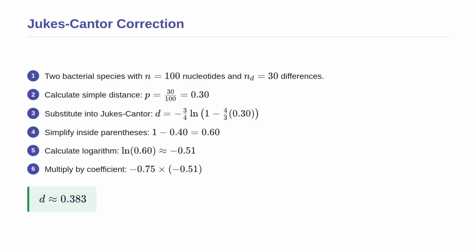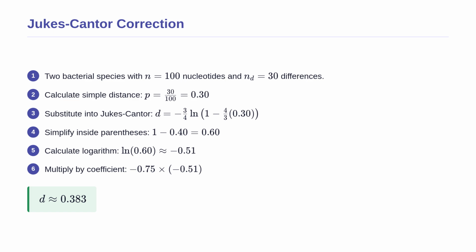Let us apply this correction formula to a real scenario. Imagine we are comparing two highly divergent bacterial species. Out of 100 total nucleotides, exactly 30 are different. First, we find the simple p distance, which is 30 divided by 100, giving 0.30. Next, we substitute this raw value into the Jukes-Cantor equation.